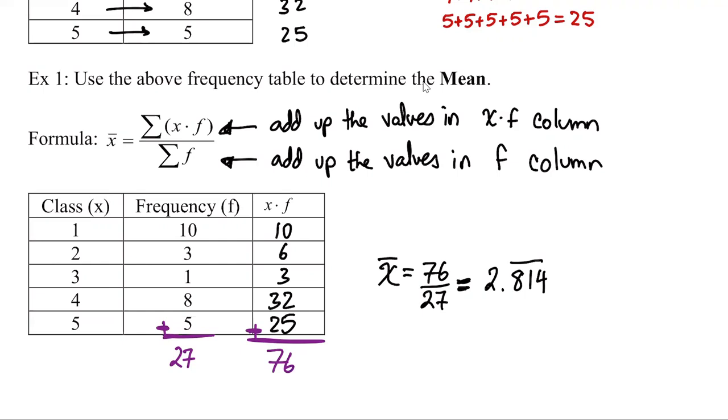Now, this information doesn't have any context to it, but the numerical values kind of lend itself to the idea that it's not just a simple matter of taking your X values, adding them up and dividing by 5.